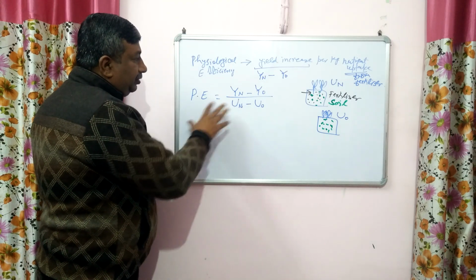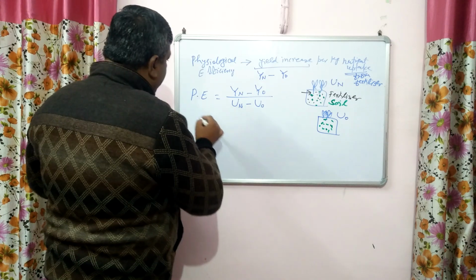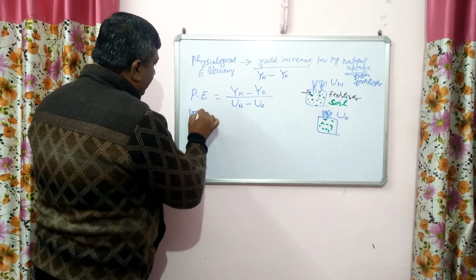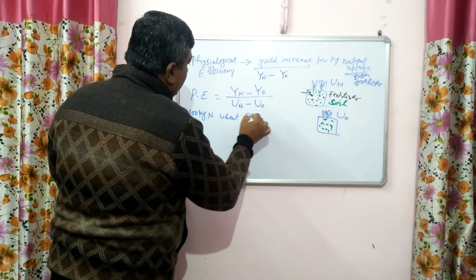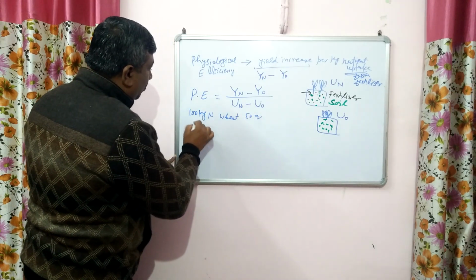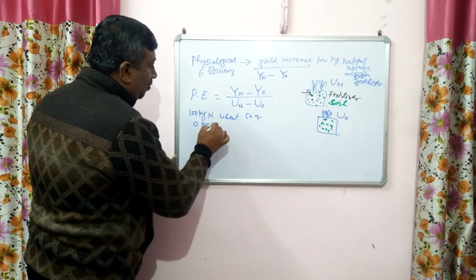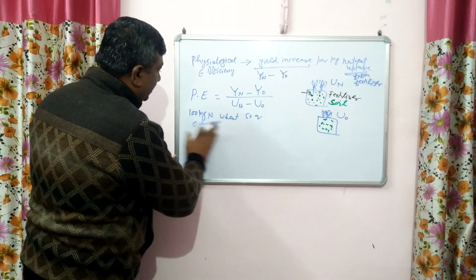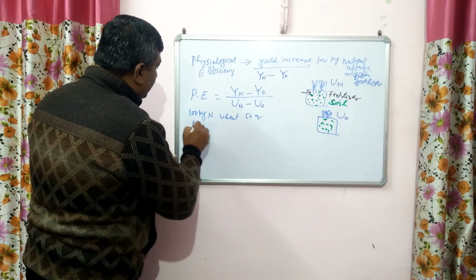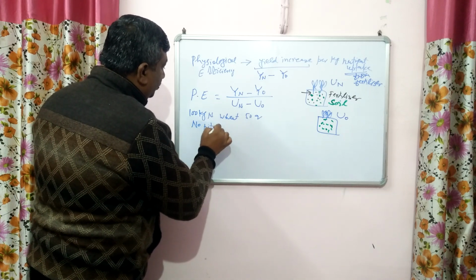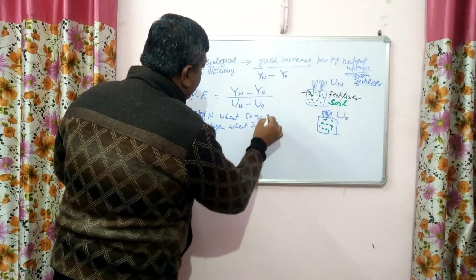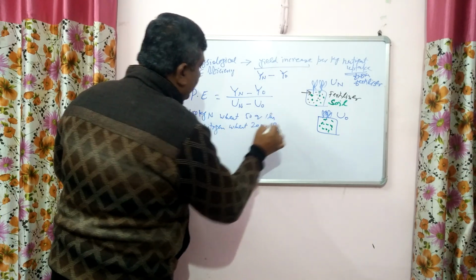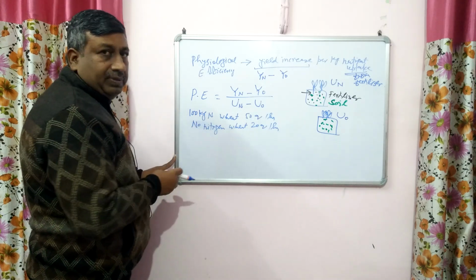So that ratio is physiological efficiency. For example, with 100 kg nitrogen, in wheat crop yield is 50 quintal, and without fertilizer, 0 kg nitrogen, no fertilizer nitrogen, wheat yield is 20 quintal per hectare, as in the case we considered for agronomic efficiency.